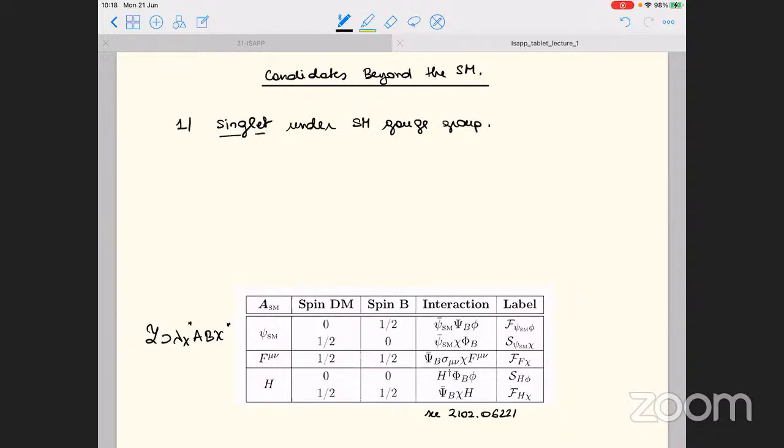This will be my first assumption to go beyond the standard model. This means that it will have no charges under SU3 colors, SU2 left or U1 hypercharge.